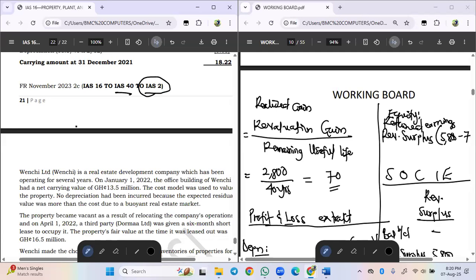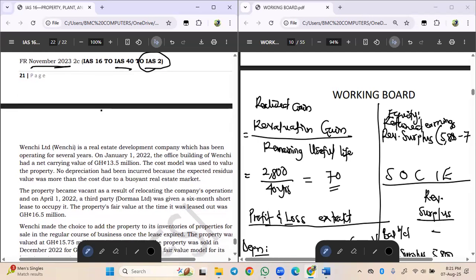One property could be owner occupied, another could be held for appreciation, and another is an asset that you are selling or want to use for production. The last one, FR 2023, we will leave until we are done with IAS 40 and IAS 2.